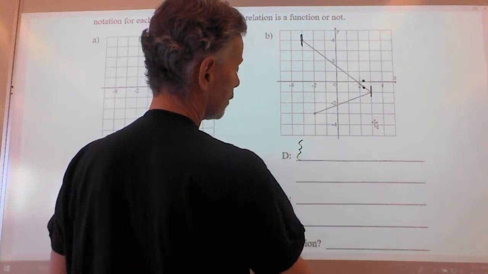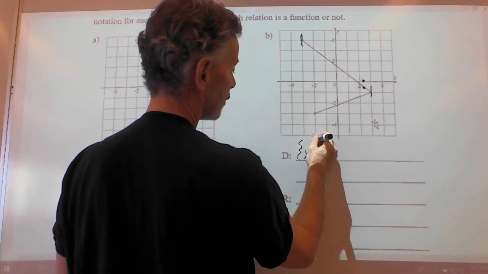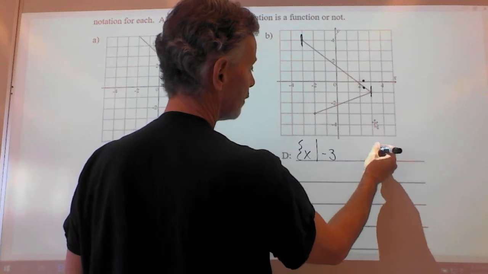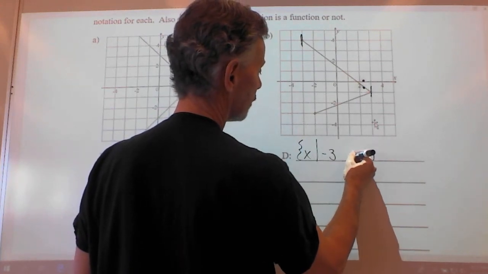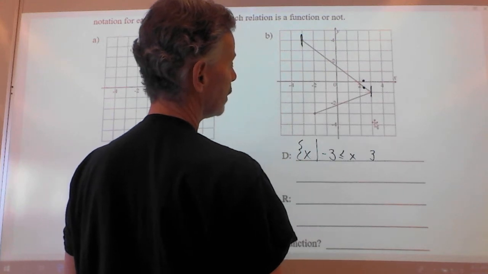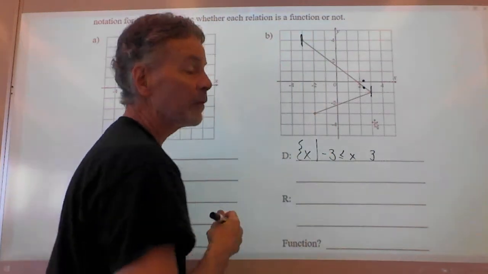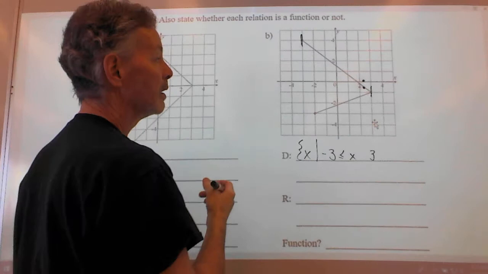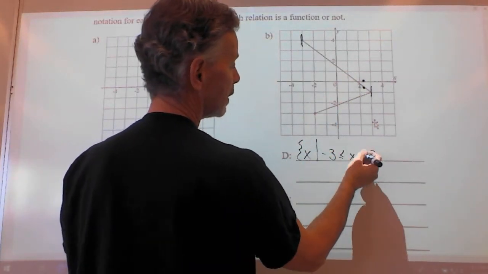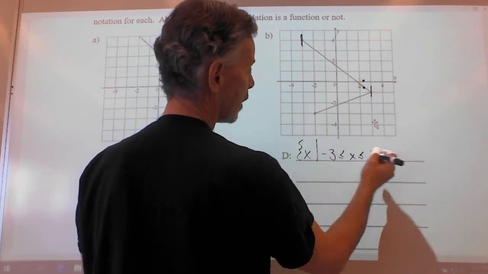So again, squiggly bracket, X, such that, and we said it's between -3 and +3. X has to be greater than or equal to -3. Remember, we have a filled in circle, so that means that the edges are included. So -3 and less than or equal to +3.